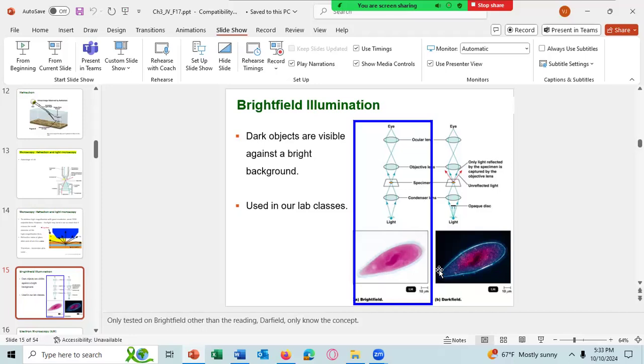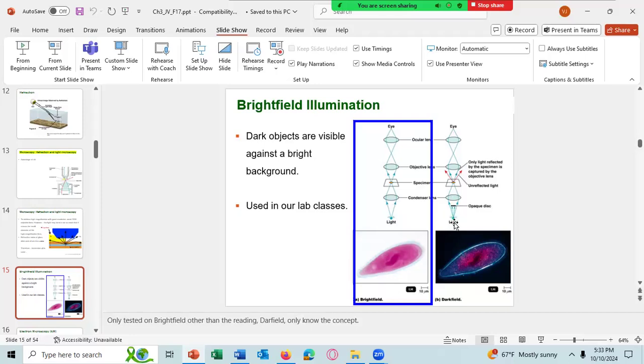Dark field illumination differs from bright field illumination in that we have a disk in between the light source and the specimen. And that's why the background of the slide is dark, because there's no light coming from the light source. It's blocked by the disk.